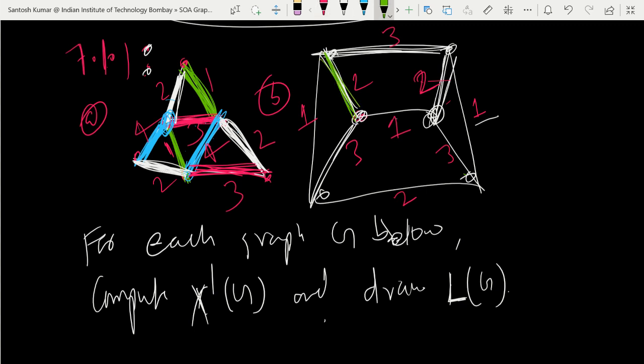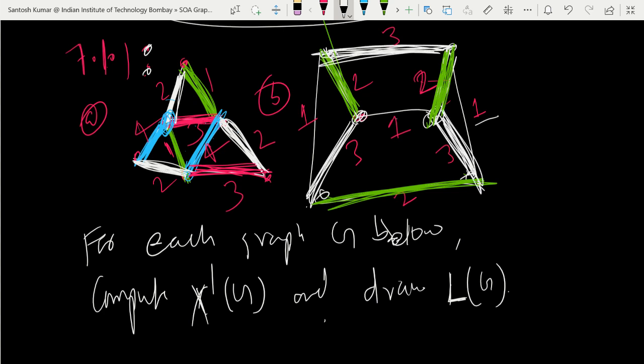So this is 2 and this is 2 and this is 2. Non-incident edges you can give the same color, then 3, 3 and 3, okay, 1, 1 and 1.